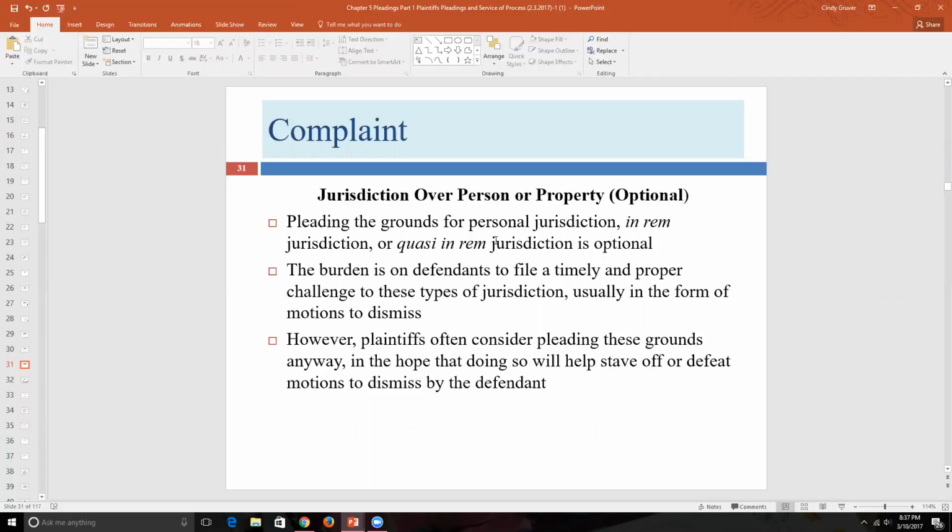It's pretty obvious, but it's not absolutely necessary that you do so. If you think it's a matter that's going to be in contention, though, you certainly can add those facts. Keep in mind that the defendant is going to end up waiving personal jurisdiction objections if he doesn't file a special appearance before he answers.